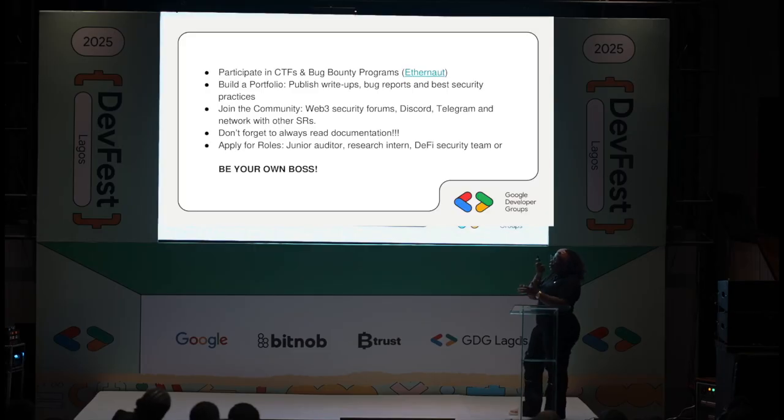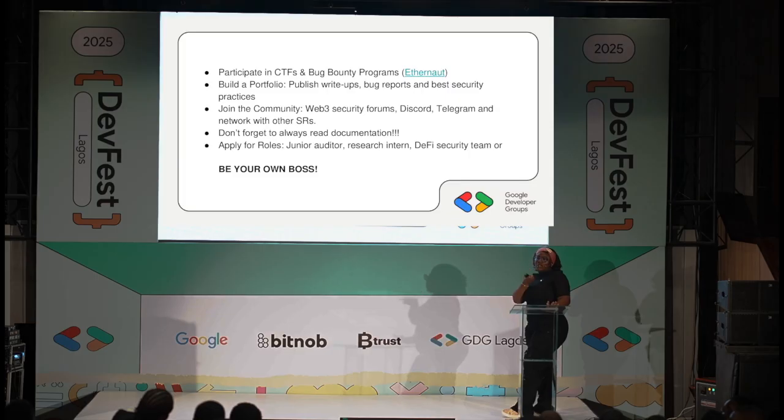Then you can apply for roles. When you start, you're already auditing. Don't forget that you're going to get paid, and we're going to get there with Open Context, right? So you can start applying for roles, junior auditor, and people will start reaching out to you on Twitter as well, or Discord, because everything is going to be there. They would want you to work with them if you started getting good.